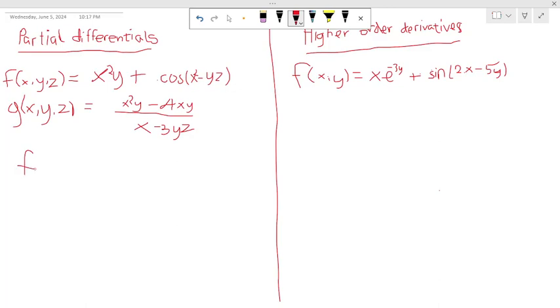So the partial derivative of the function with respect to x. Now we can see that in this function we have the expression x squared y plus cos of x squared minus yz. In the previous tutorial, we talked about partial derivatives, that is whenever you are differentiating a function with respect to a variable, you treat the other variables as constants. So in this term we have x squared y.